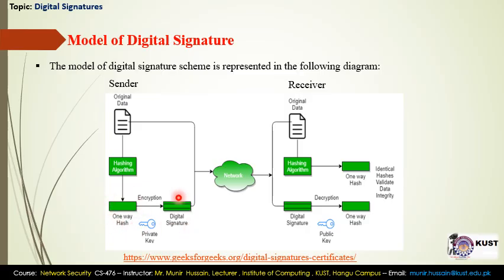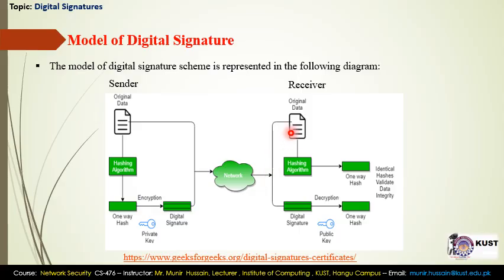For calculating the digital signature, the sender uses their own private key to encrypt the message digest or one-way hash in order to compute the digital signature. Once the digital signature is computed, the sender forwards both the original data alongside the digital signature to the receiver.